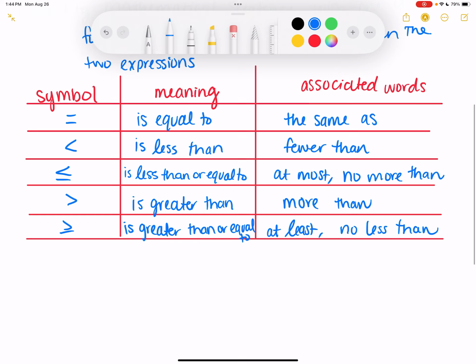And sometimes we can combine, especially with inequalities, like 4 is less than x is less than 9, so that would tell us that x is between 4 and 9. So sometimes we have stuff like that as well.